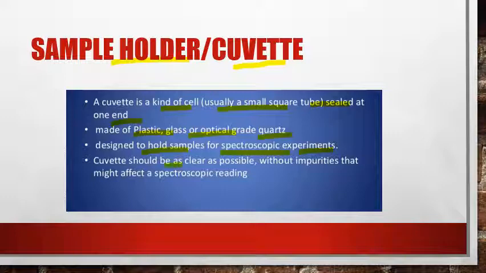The cuvette should be as clear as possible, without impurities that might affect the spectroscopic reading. So the cuvette used in the spectrophotometer should be clean when we put our sample in for analysis, so that it does not affect the spectroscopic reading. The material used to make the sample holder should not absorb that particular radiation.